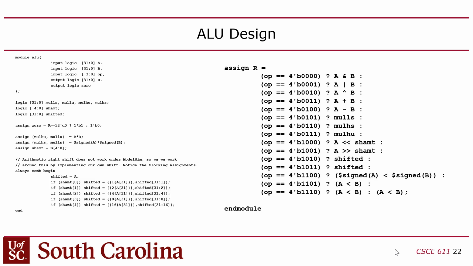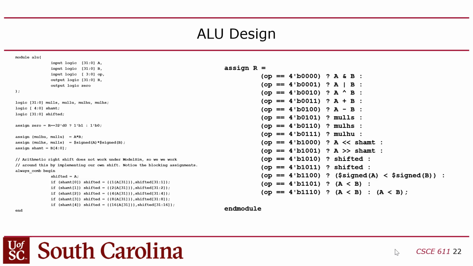This is the signed case, so we take the sign bit, which is A bit 31, and shift that into the left-hand side, and then we take shifted 31 down to 0 and put that on the right-hand side. So obviously bit 0 gets shifted off. Then if bit 1 is set, we shift whatever the result of that was by another 2. So this is creating an arithmetic right shift.